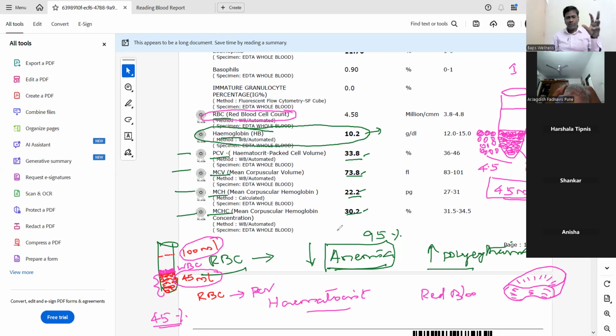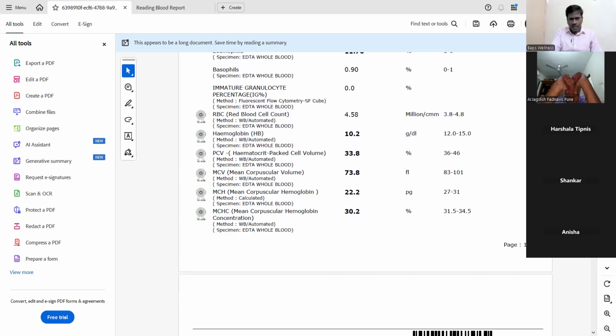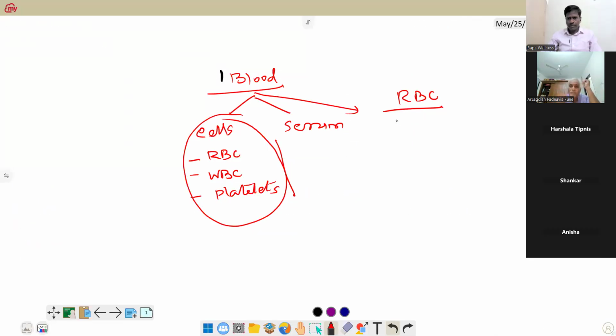So the size of an individual red blood cell matters a lot, because of the hemoglobin in each cell, when we calculate, there are certain aspects based on the size of the cell.